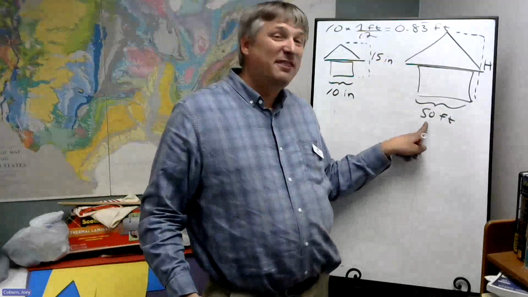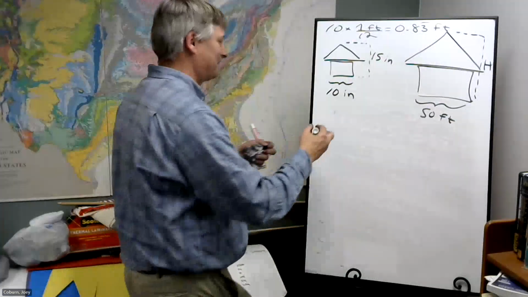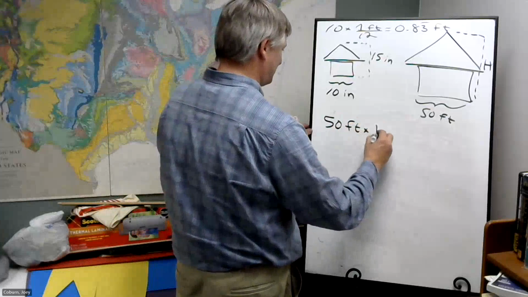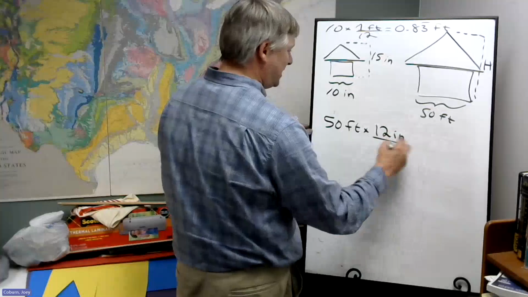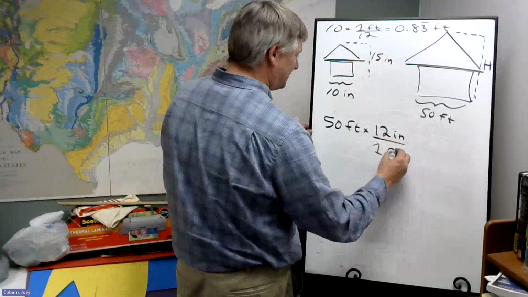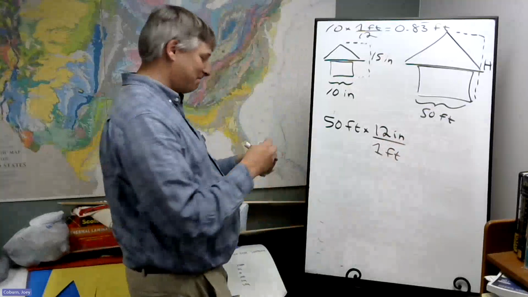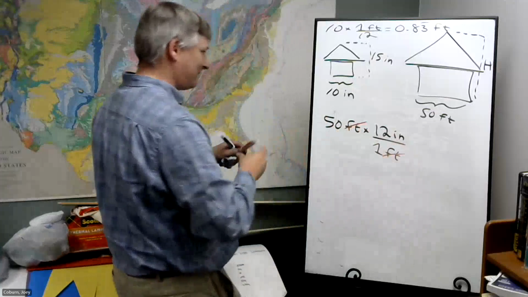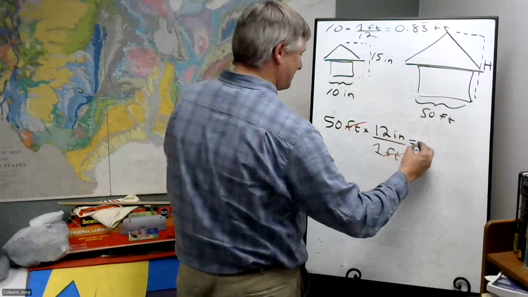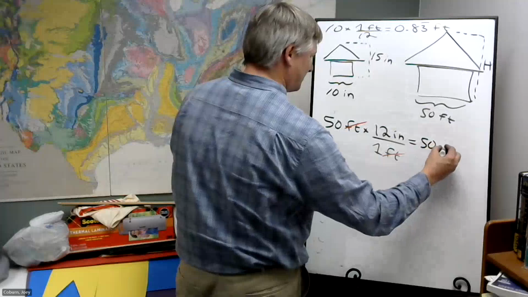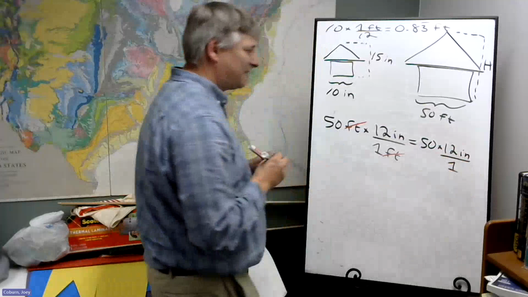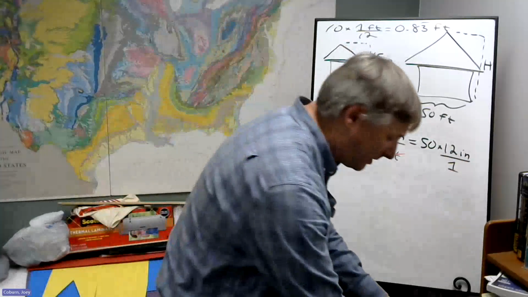Instead, let's convert this into inches. So now the inches go on top and the foot goes on the bottom. So you have 50 times 12 divided by 1.